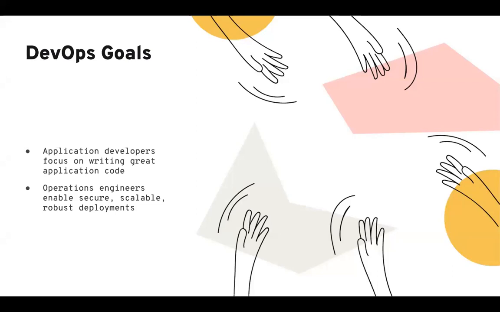DevOps stands for, of course, developer operations. And in general, the two primary goals that DevOps achieves are to let application developers focus on writing great application code and to let operations engineers enable secure, scalable, and robust deployments and operation of those applications so that those two groups of people can focus on what they're good at without having to cross over into each other's domains too much.